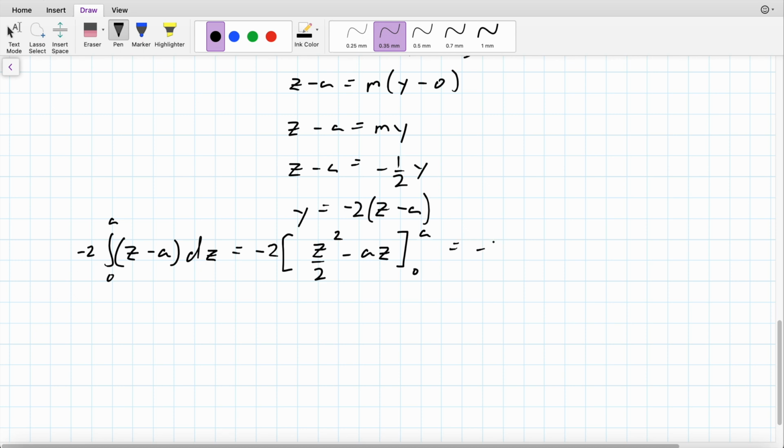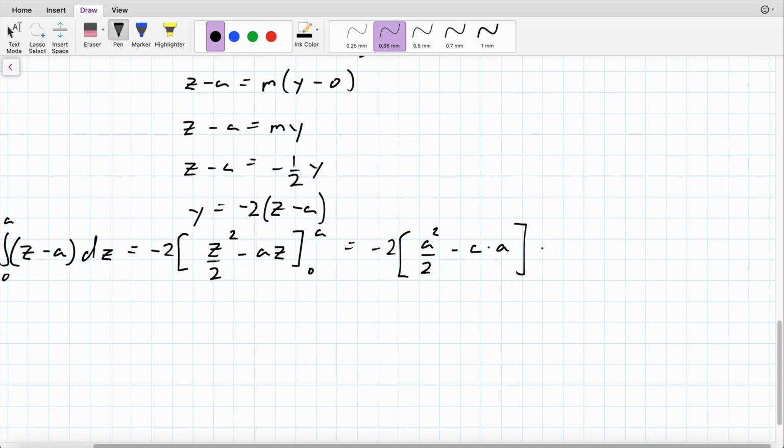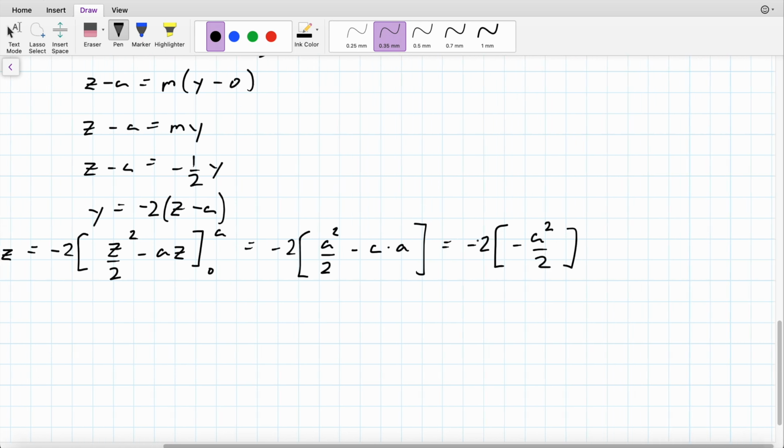Okay, minus 2, parentheses, plugging in a squared divided by 2 minus a times a, and everything else goes to 0 when you substitute in 0. So this is minus 2, parentheses, a squared divided by 2 minus a squared. So minus 2 times minus a squared over 2. Cancels, gets rid of the minus sign, leaving us only with a squared. Awesome.